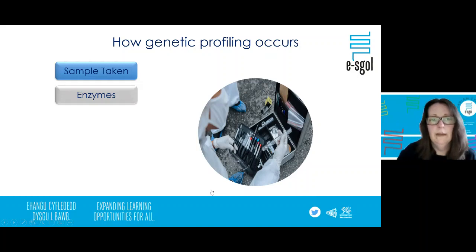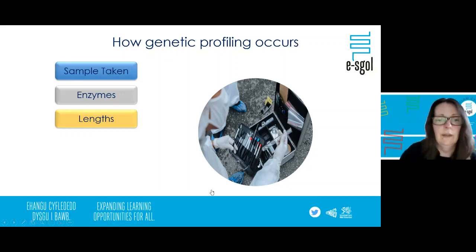So quite simply then, a sample is taken, whether it is something that's left behind at the crime scene, so it could be a blood sample from some broken glass, for example, or it could be a sperm sample, or it could be a DNA sample from a living organism. Enzymes are used to cut that sample up, and the lengths of that DNA are arranged in order.